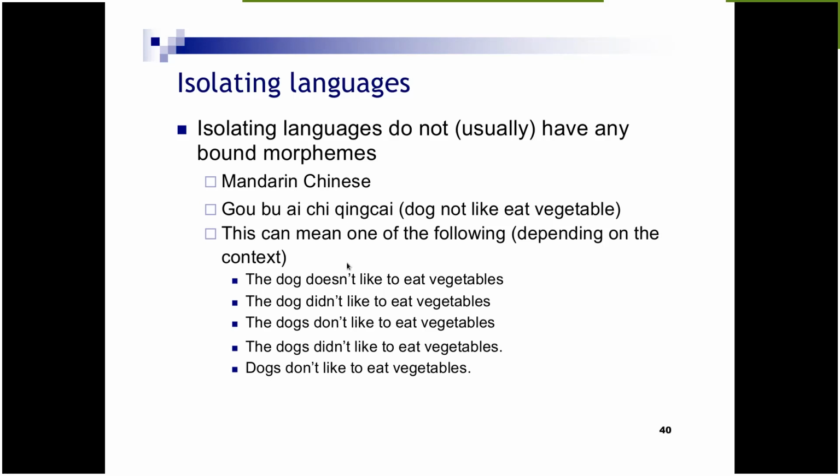For example, this sentence can either mean the dog doesn't like to eat vegetables, or the dog didn't like to eat vegetables. There's nothing that differentiates the tense of this word chi. So it can mean it doesn't eat or it didn't eat, and so on. So there's ambiguity, but when you are talking to a person and you are looking at this sentence in a given context, you can understand what it means by essentially doing disambiguation by looking at the context.